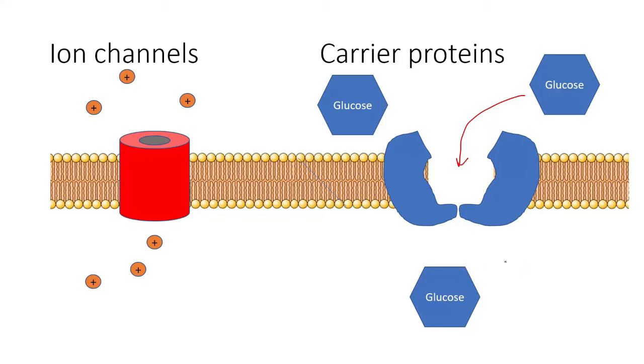Now, one application in the cell here is that as this cell uses up glucose, the concentration tends to stay fairly low inside the cell. And so glucose usually stays pretty steady outside the cell because we maintain our blood sugar. And so there's usually this kind of steady flow of glucose through these carrier proteins into the cell.